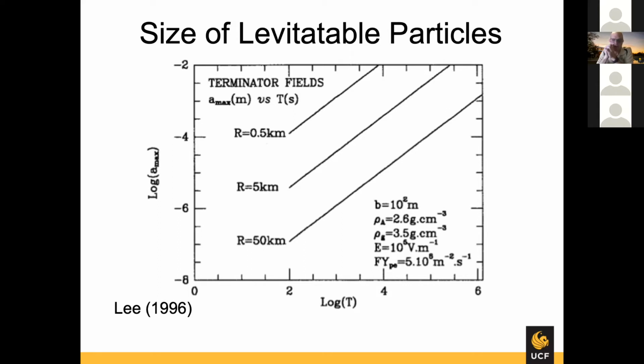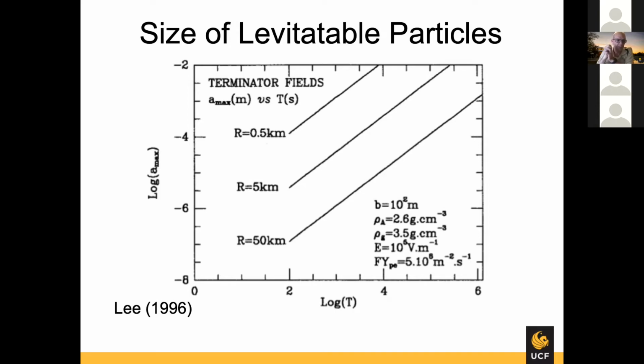You've got an ion current to the surface from the solar wind, and an electron current from the solar wind, thermal electron current. You have an electric field near the surface, maybe that can accelerate dust particles away from the surface. And of course, the smaller they are, the easier it is to accelerate them because of the charge to mass ratio going as 1 over the size of the particle.